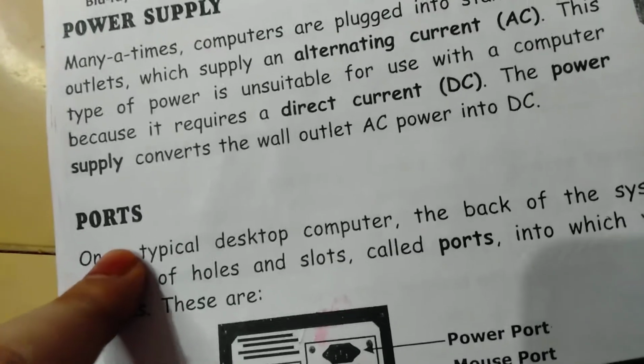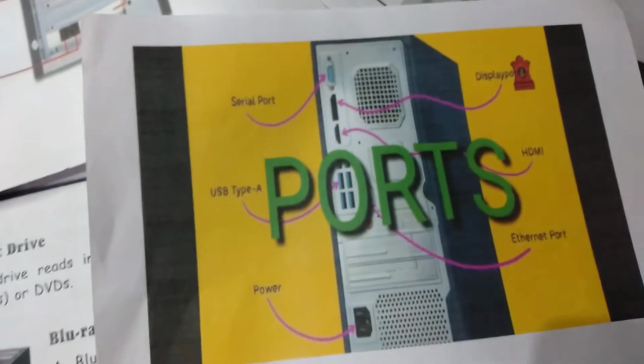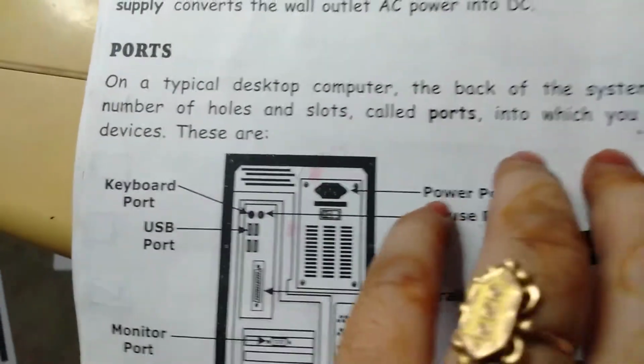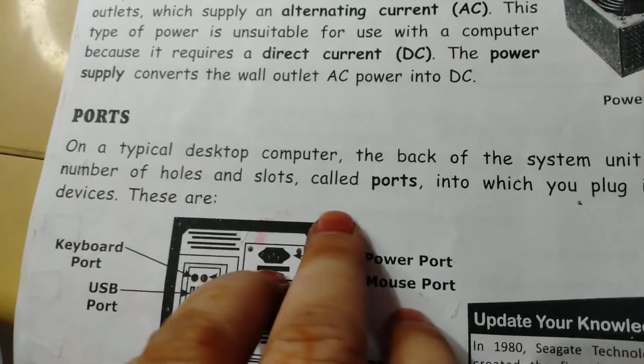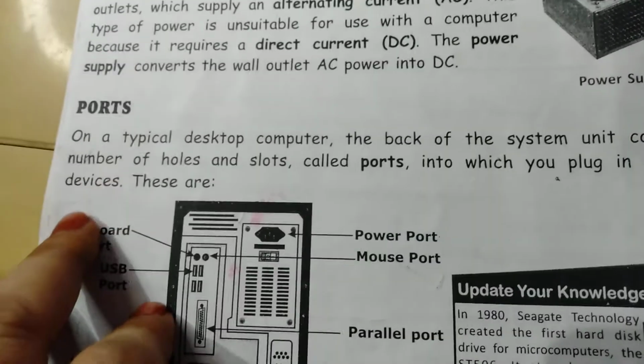Ports. Here are the ports. I want to show you. What is a port? First we read. On a typical desktop computer, the back of the system unit contains a number of holes and slots called ports into which you plug in computer devices.